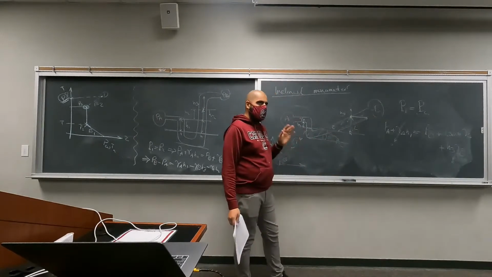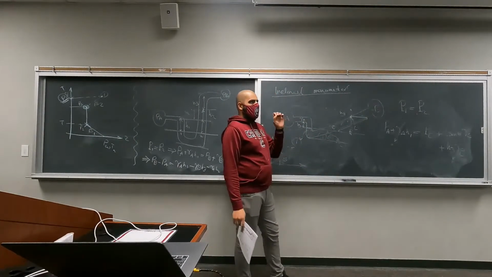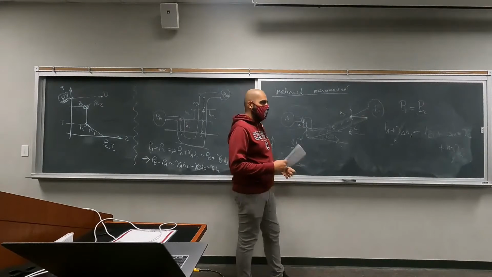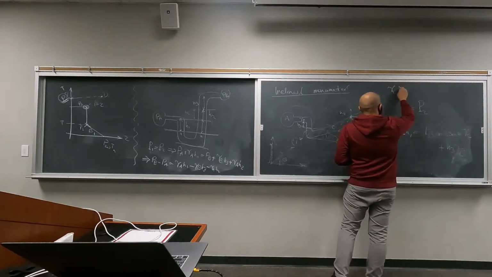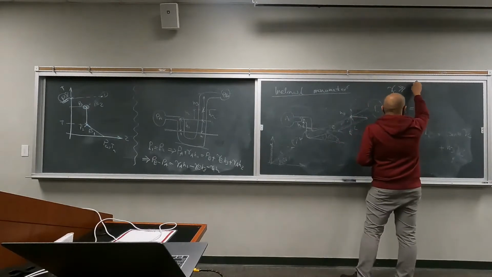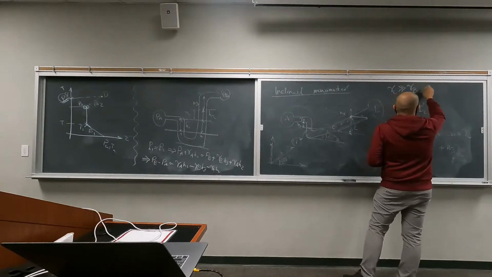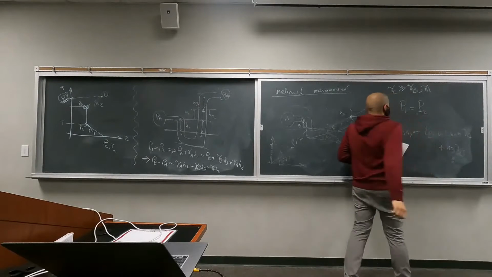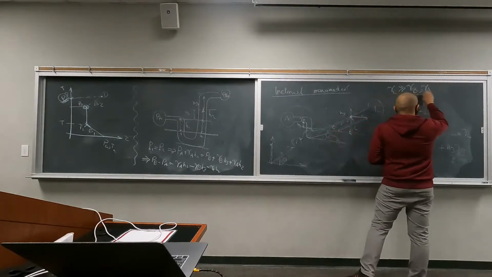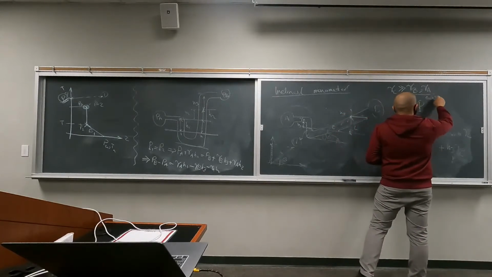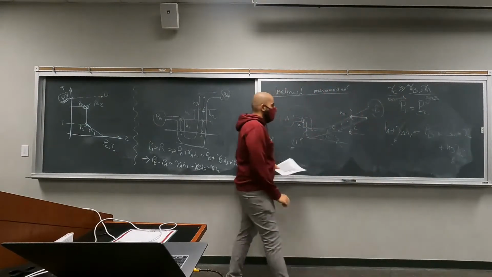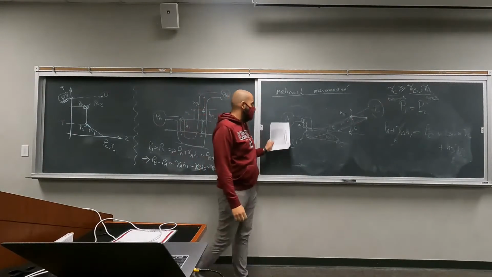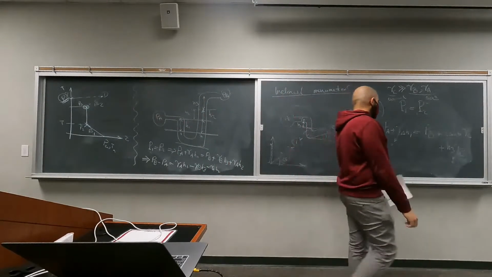The main assumption we are making here is that your gamma C is much larger than gamma B and gamma A. So effectively, these two are gas, and this one is a liquid, like water and air. And you want to find the pressure difference between these two locations.